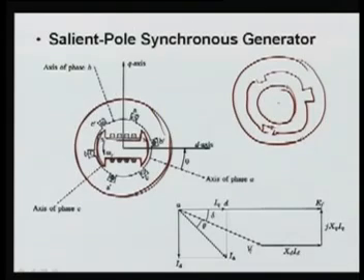So this is cylindrical, and this is the salient pole type, because the poles you can see are salient, outside. The major difference is in terms of reactances. Because the rotor is circular, the air gap between the rotor and the stator is almost constant. Here you can see it is a very small gap, and it is constant.